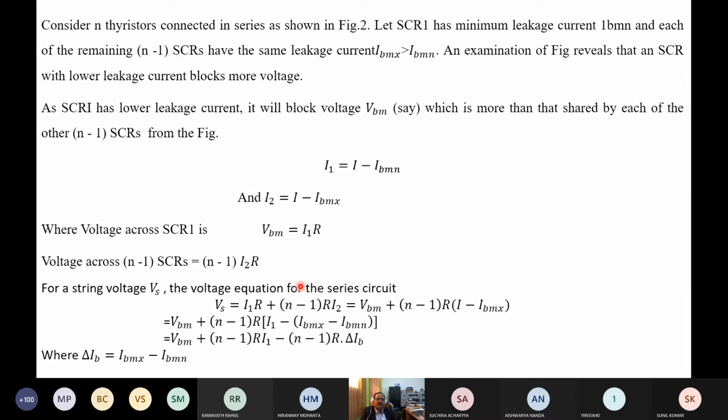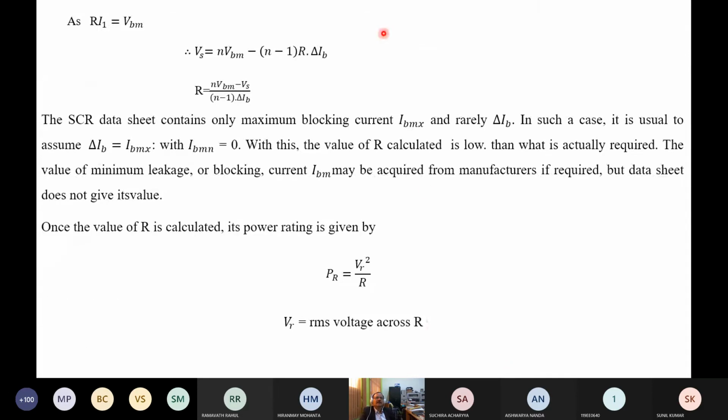In this equation, the total voltage across the string is VBM plus n-1 R I1. R I1 is nothing but VBM, so VBM into n minus VBM, and that cancels out. Finally we get Vs equal to n VBM minus n-1 R delta IB. So R is equal to this. This is the derivation of the static equalizing resistance.